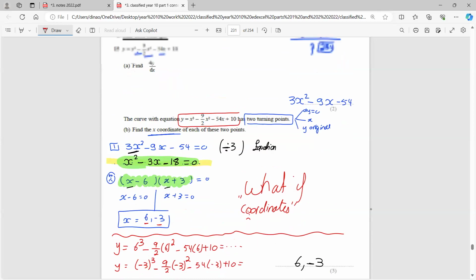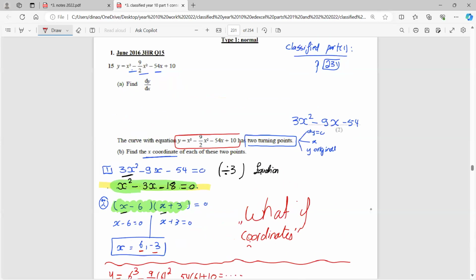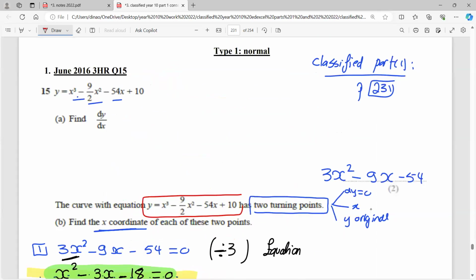Okay, let's substitute in the original equation. 6 power 3 minus 9 over 2 times 6 power 2 minus 54 times 6 plus 10 gives negative 260.